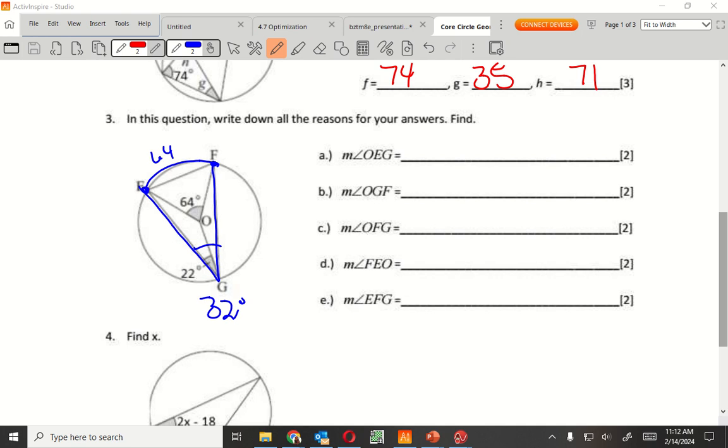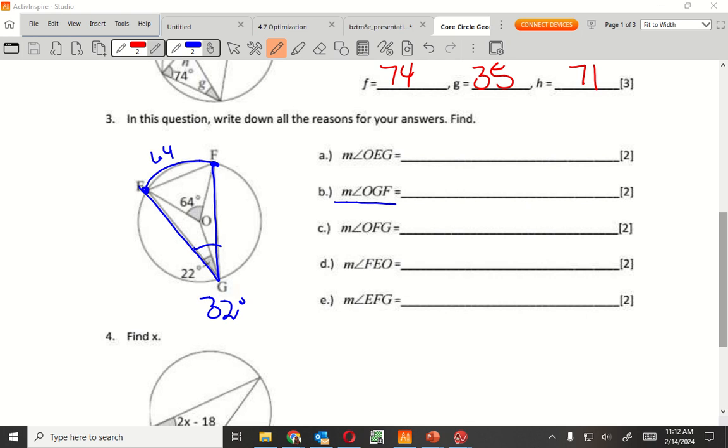But this one over here is going to be kind of tricky, right? They gave you this side is 22. And so from O to G to F, which is this one right here, what is O to G to F going to be?